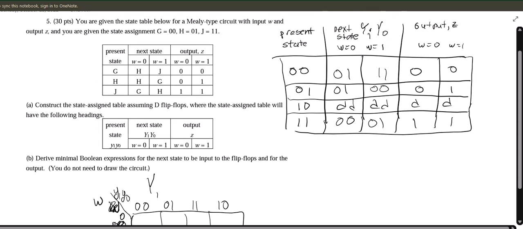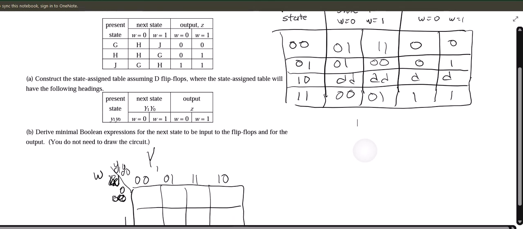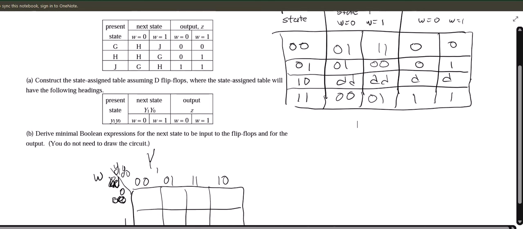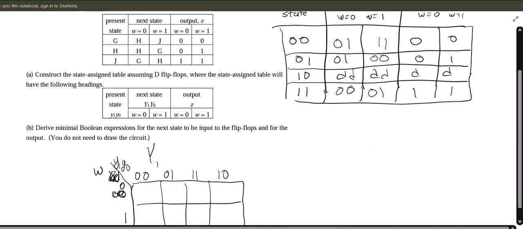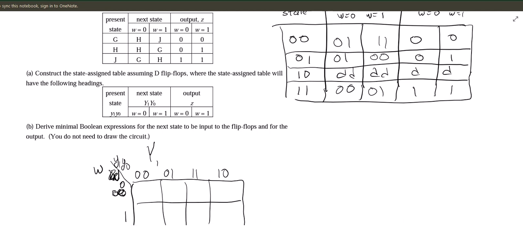Now Y1 is just the first column of our next state here. So notice for 1, 0, we have don't care, so we can go ahead and put in don't care. And notice when W equals 0, Y1 equals 0 everywhere, so I can just put zeros right there.